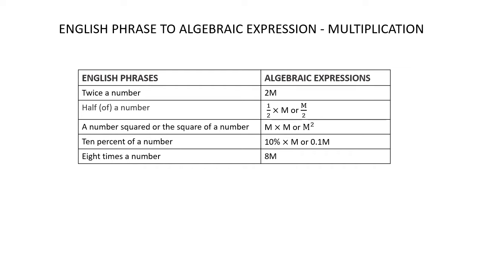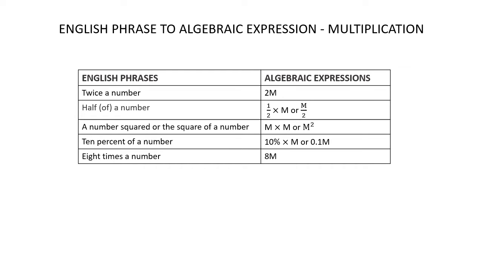Then a number squared means m is multiplied by itself. So m multiplied by m. The square of a number means m squared.